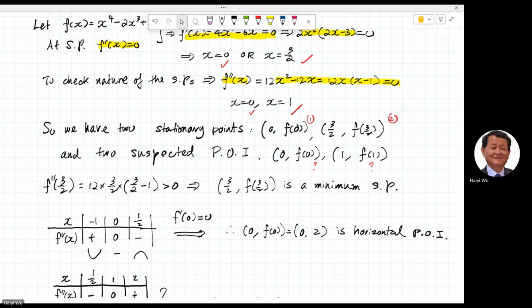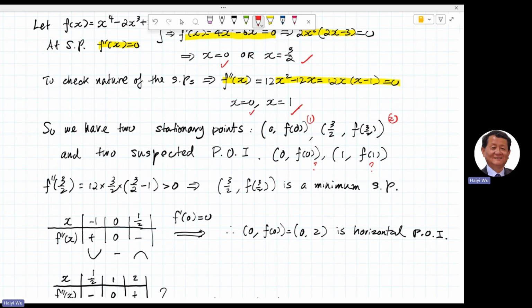Actually, we test x equals 3/2, which is stationary, because the second derivative is not equal to 0 there. So we will test that one first.